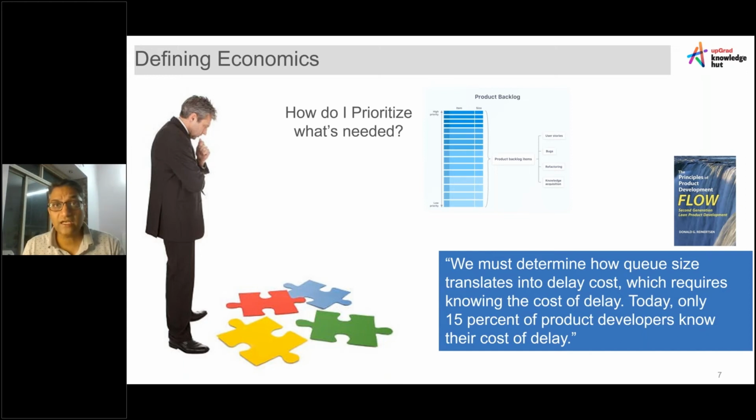So each passing day that you don't implement that idea, you're already incurring cost. We need to measure cost of delay for those bigger items. And unless we do that, the economic prioritization will suffer. So these are again certain quotes coming from that book. Only 15% of the product developers know how to quantify cost of delay.